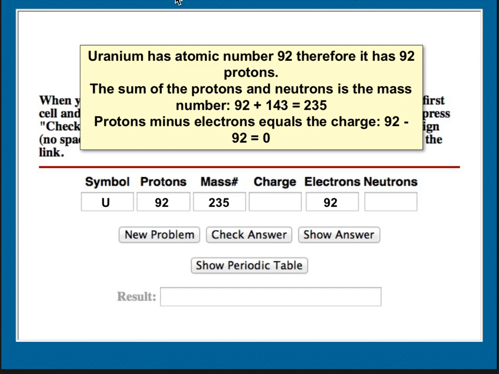I can't do that in my head either, but it's 143. Now in this one, you are given that it has 92 electrons. We know it has 92 protons, so what's its charge? If protons and electrons are equal, it's a 0. Any questions?